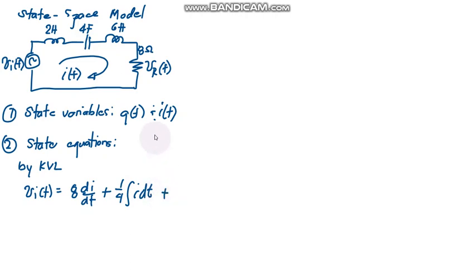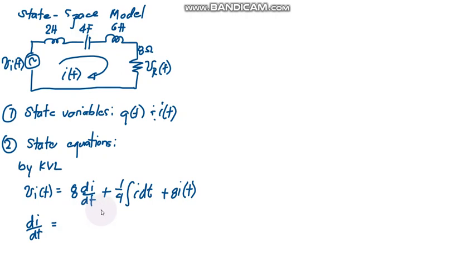And then for our resistor, we're going to have 8 I of t. Now, of course, we are interested to get the equation of di over dt.